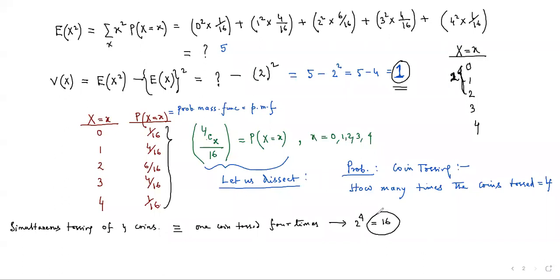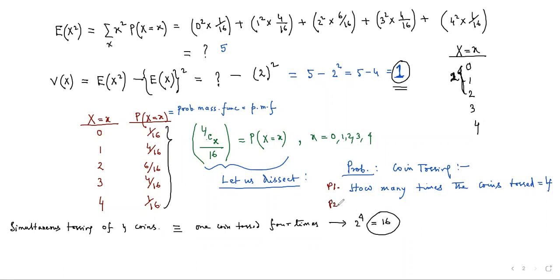But I didn't toss the coin 16 times. This is the number of possible outcomes that can come while tossing a coin subsequently 4 times, or by taking 4 coins and simultaneously tossing them. So point number 1: how many times did I toss the coin? I tossed the coin 4 times.